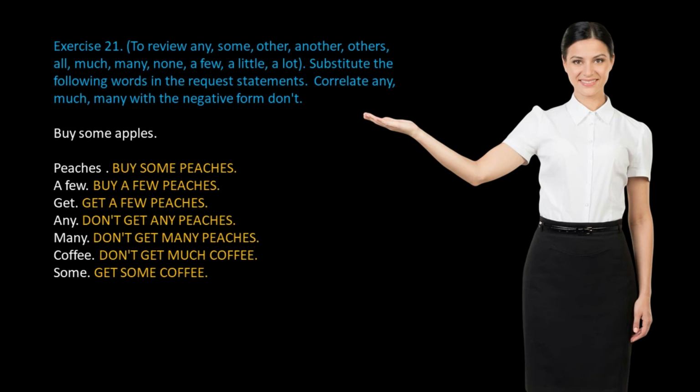Buy some peaches. A few. Buy a few peaches. Get. Get a few peaches. Any. Don't get any peaches. Many. Don't get many peaches. Coffee. Don't get much coffee. Some. Get some coffee.